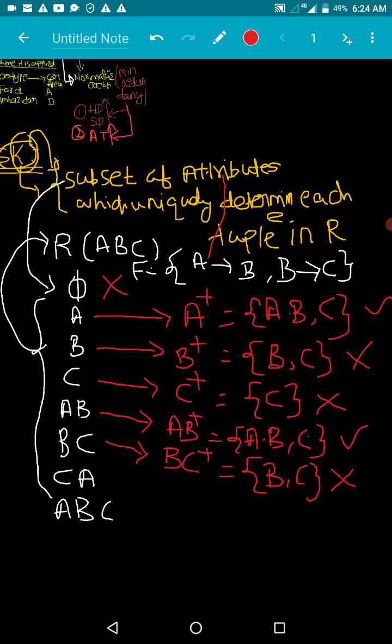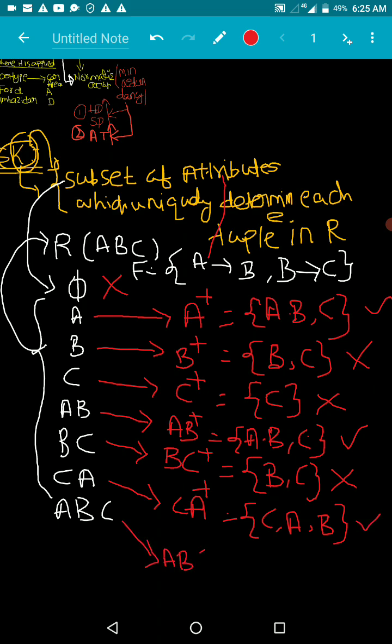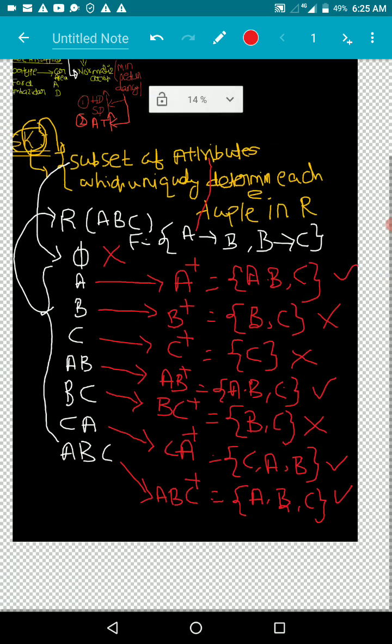Therefore, BC is not a super key. Also find the attribute closure of CA, which is C, A, B. Yes, this is a super key. Of course, the attribute closure of A, B, C will definitely be A, B, C. Therefore, this is a super key.